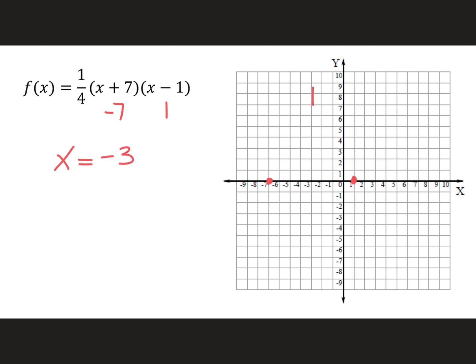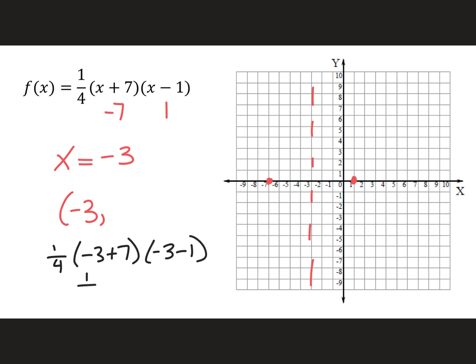And let's test that out. It should be right here. Does that look like it's in between them? I think so. Alrighty, and then my vertex is going to be -3, and then I've got to do the math here. I do 1/4 times -3 plus 7 and -3 minus 1. So that's 1/4 times 4 times -4.